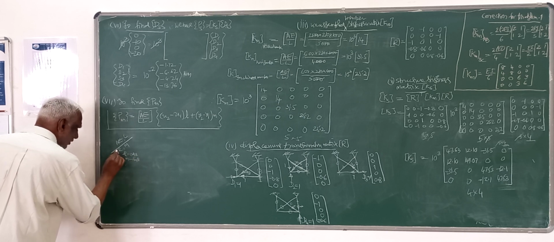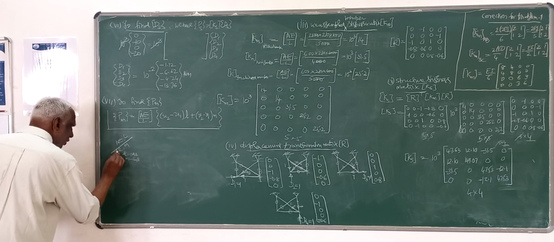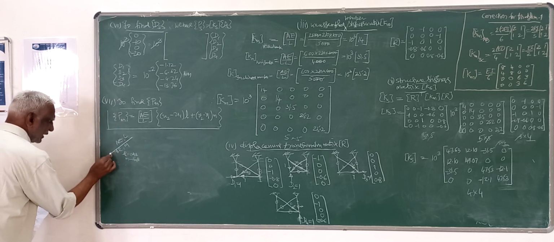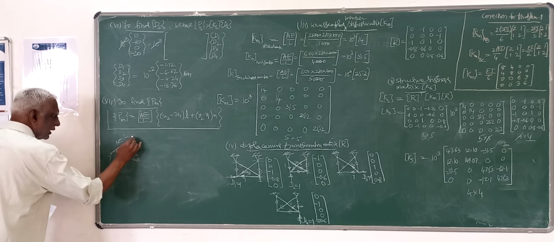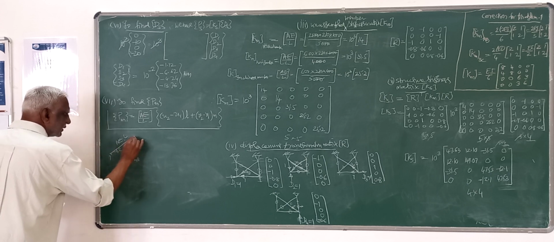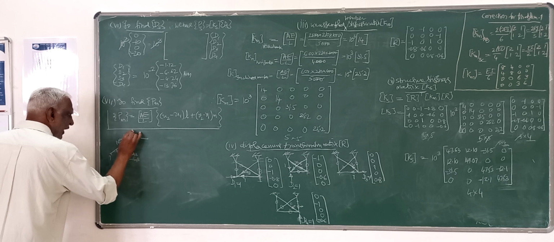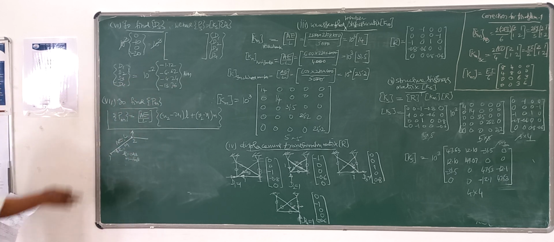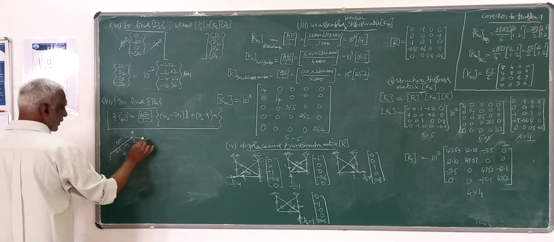Theta is always measured in the counterclockwise direction of any member, with left end 1 and right end 2. The displacements we have determined, D1, D2, D3, D4, are in global coordinates.